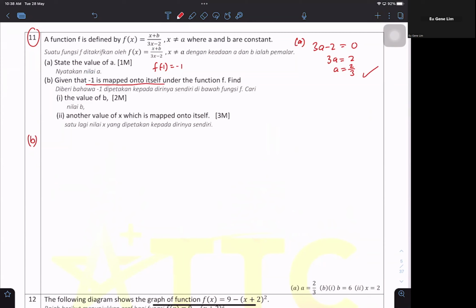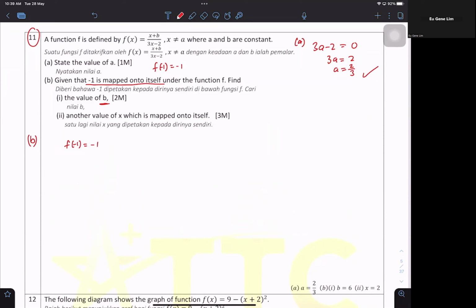Understand? So you start from this, f(-1) equals -1, and then eventually you will find out the b. You just do f(-1) equal -1, and then you will find out b.